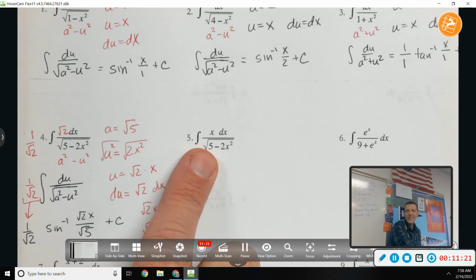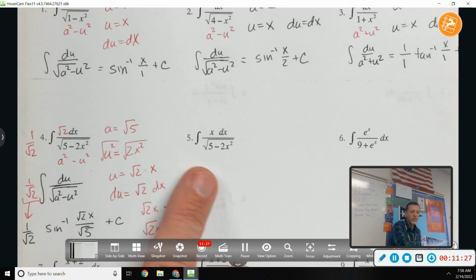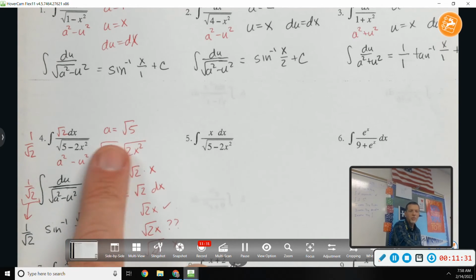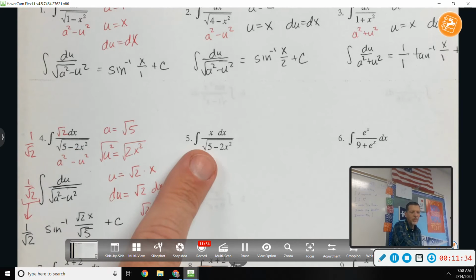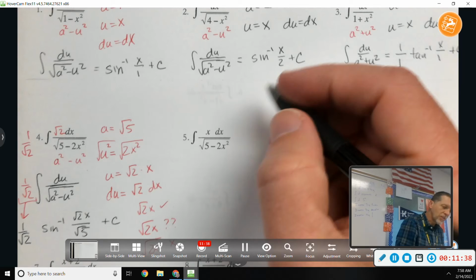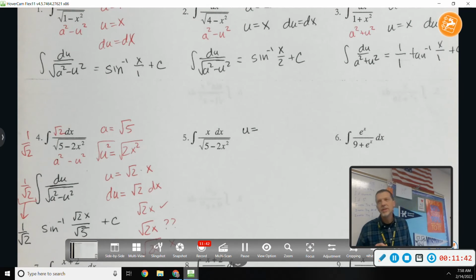I can't just put the x out front. It only works with numbers. So this is not inverse sine or inverse tangent. This is a different u substitution problem.